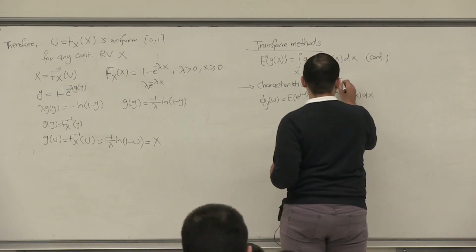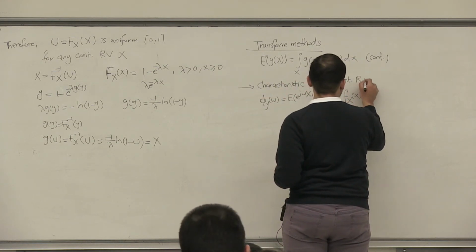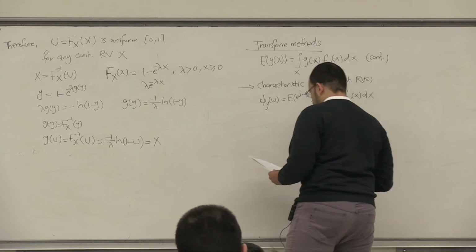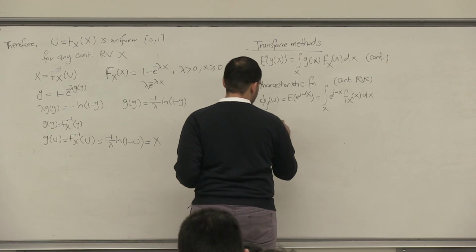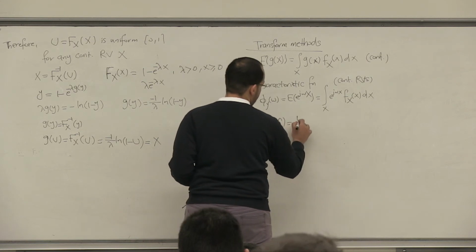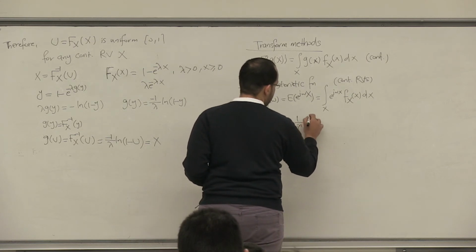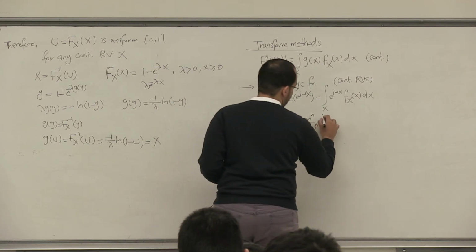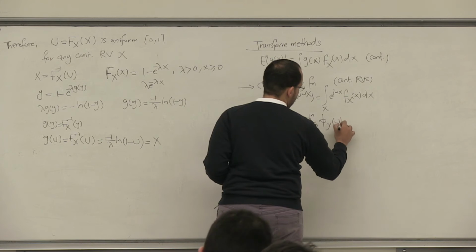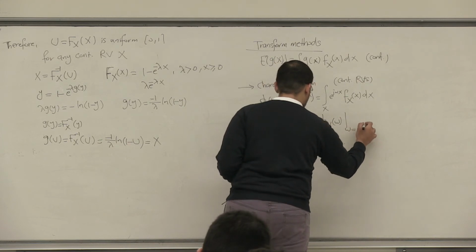And this is also for primarily continuous random variables. And how to generate moments from it: the expected value of X to the n is 1 over j to the n, d^n by d omega^n of phi of omega at omega equals 0.